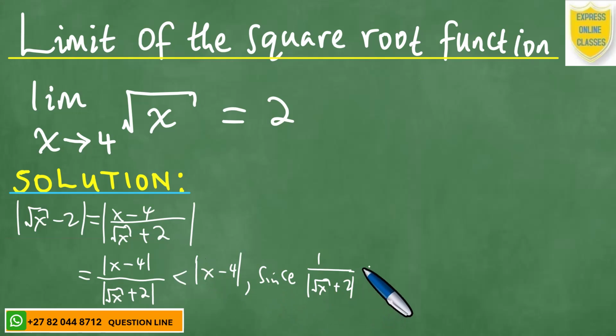1 over the square root of x plus 2 is smaller than 1 as x tends to 4.